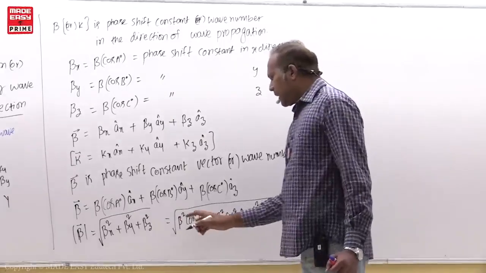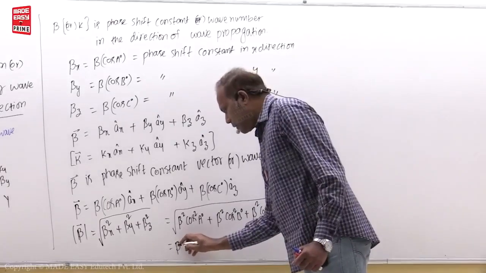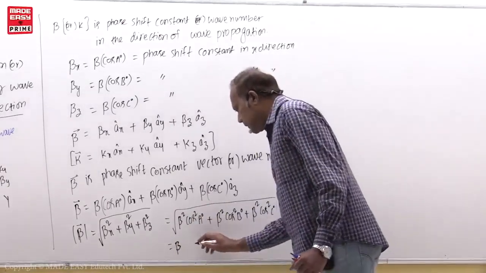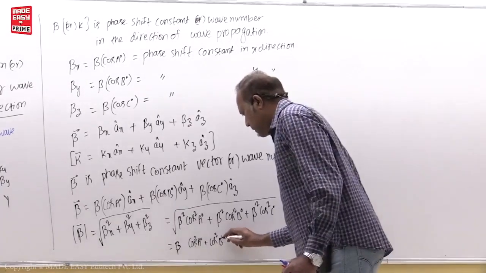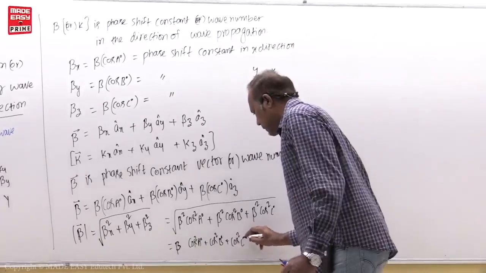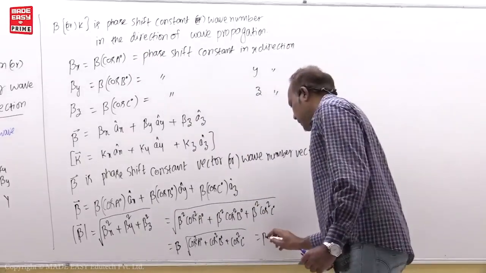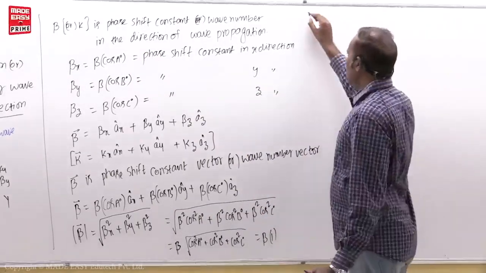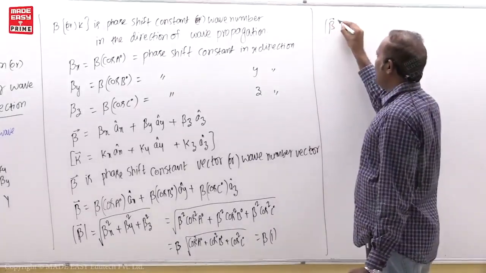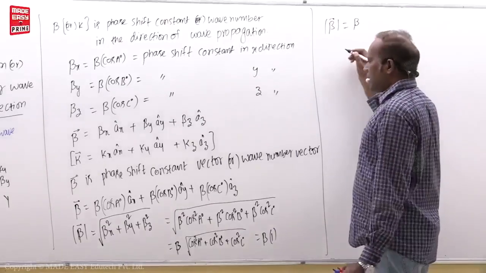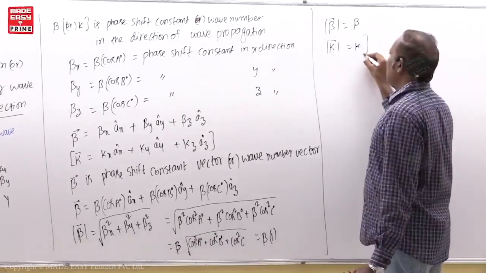You pull out beta square, then beta comes outside. So cos square a plus cos square b plus cos square c, what is this value, student? I wrote in that equation, it is 1, so beta into 1. So what is the conclusion? Modulus of beta bar is equal to beta, and that is nothing but modulus of k bar is equal to simply k.